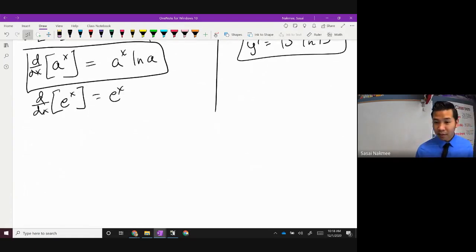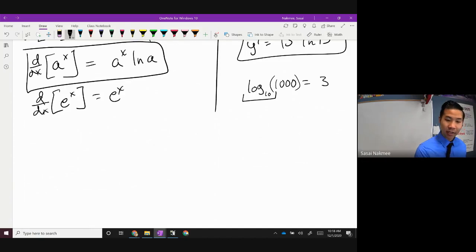What if the base is log? Remember, log itself is a function, and that function of log is actually the inverse of an exponential function. If you don't know what I'm saying, it's this. If I had log base 10 of, let's say, 1,000, do you know why this is equal to 3? Because this log function is technically the inverse of your exponential function.